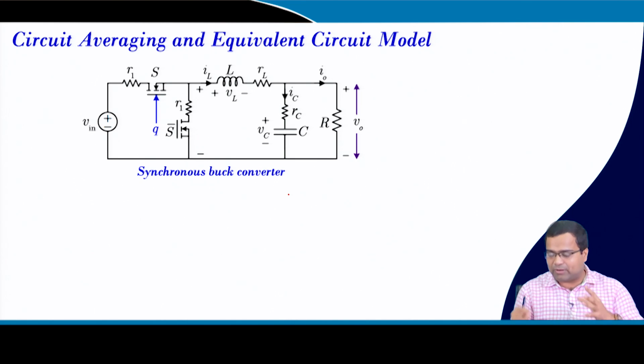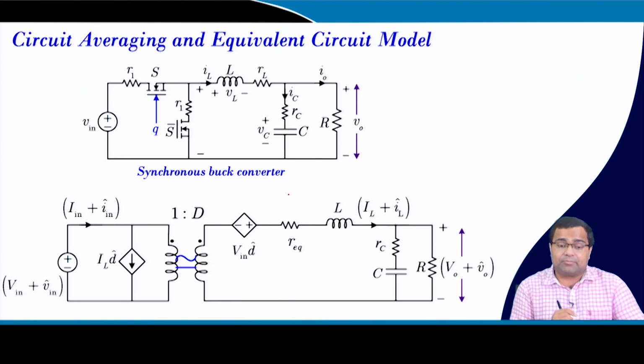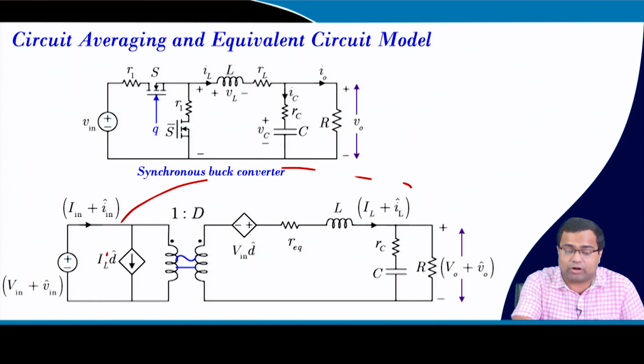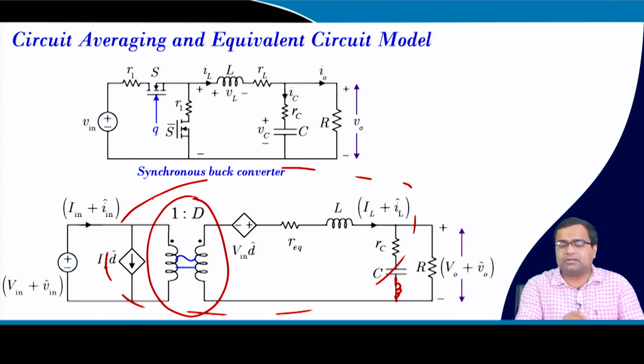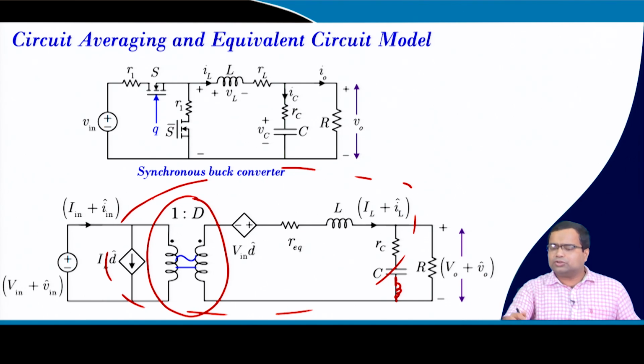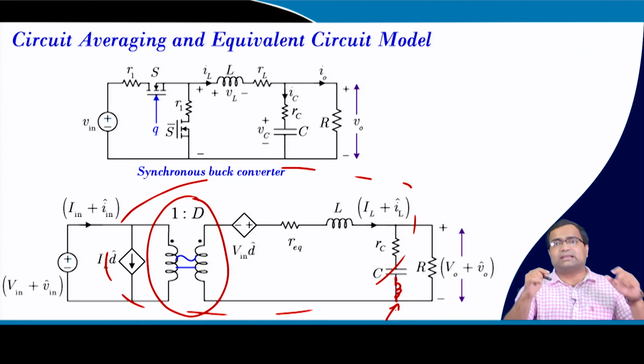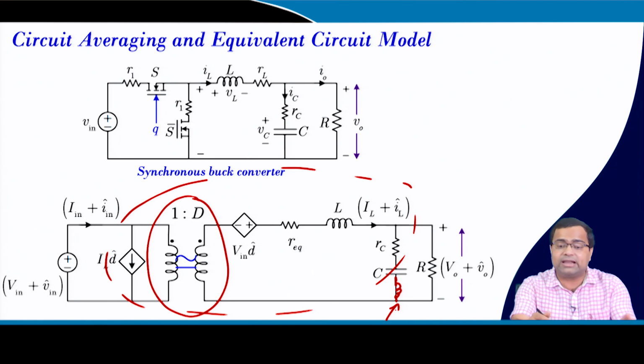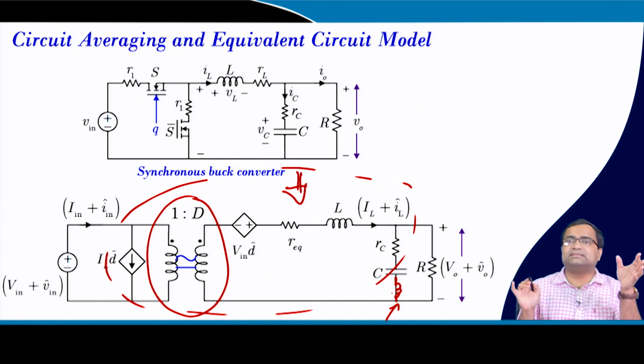That means an equivalent circuit model. By means of circuit averaging, we will obtain this equivalent circuit model. Now, if we add an ESL, this will remain the same, this model is perfectly valid. The order of this model will increase by 1, but you do not need to rederive this model from the start. You can simply add this inductor.